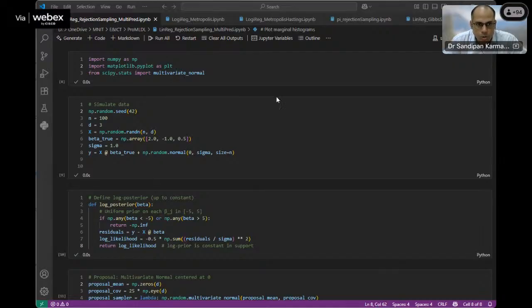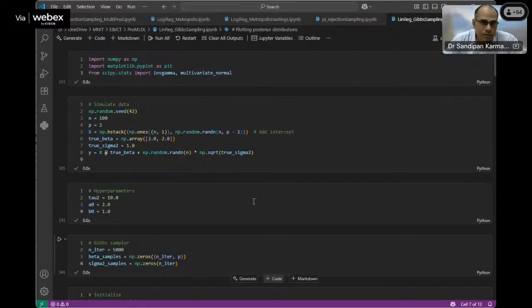So linear regression is done with Gibbs sampling, because of normal conjugacy, as well as inverse gamma conjugacy also. So you can actually use it in a very nice way.